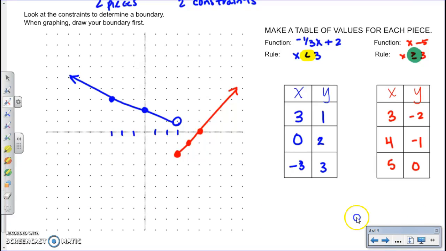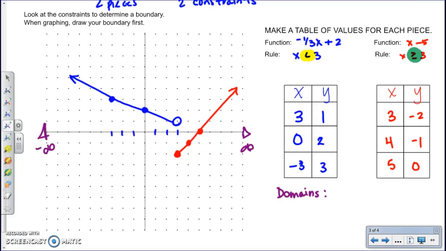Let's practice finding our domain and range. The domain will be the x values from left to right. So let's look at our graph from left to right, from -infinity to +infinity.